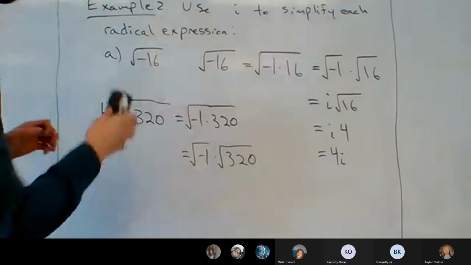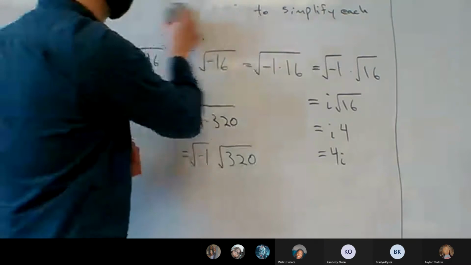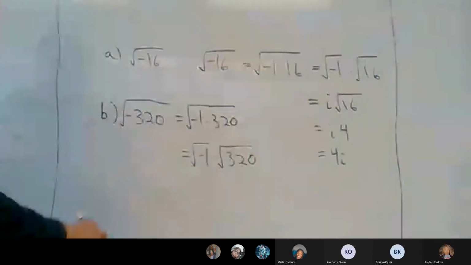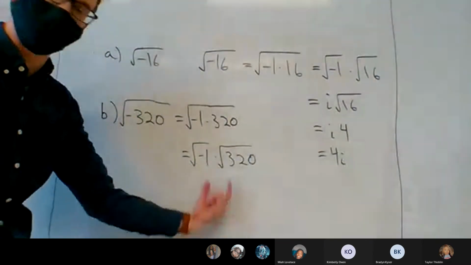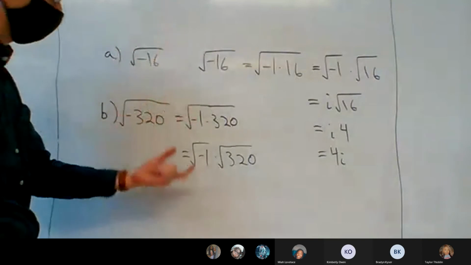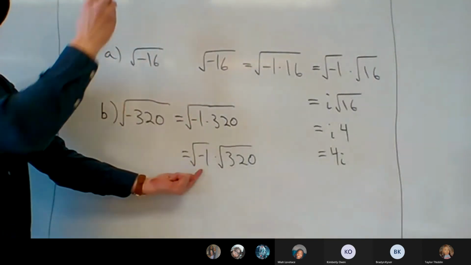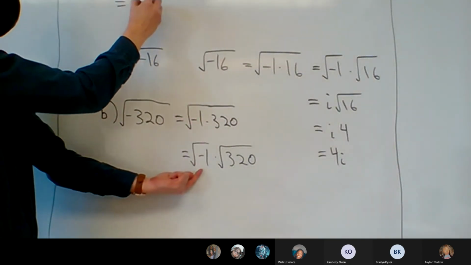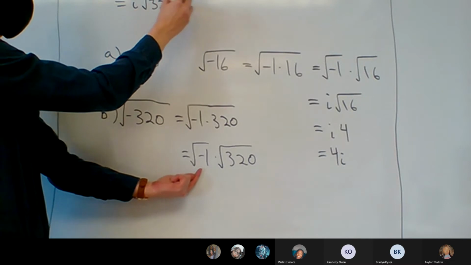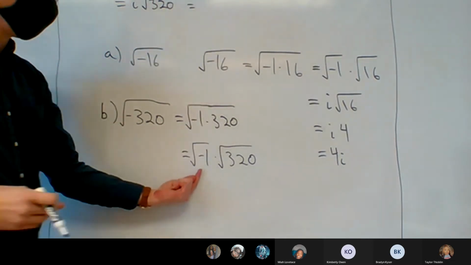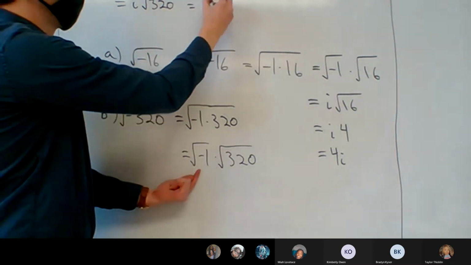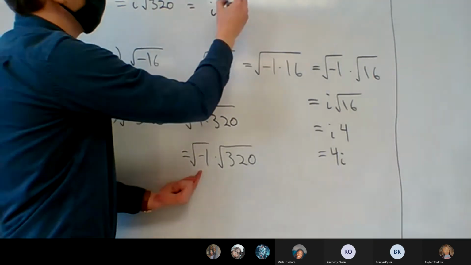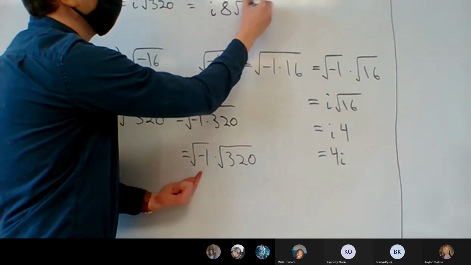Continuing, you can keep working down. I'm going to scoot up so that you can see it. The square root of negative 1 is i, and then I have the square root of 320 attached. But I actually worked the square root of 320 out earlier. The square root of 320 is 8 square root of 5.